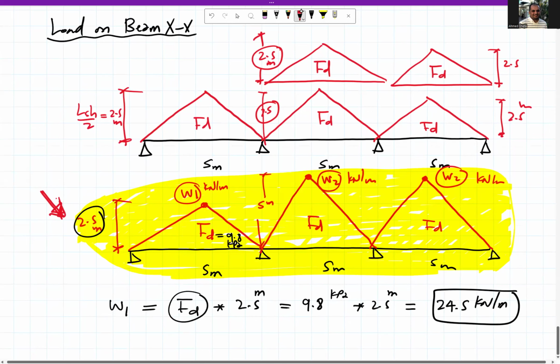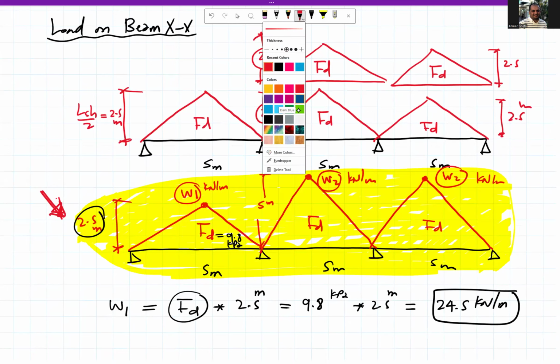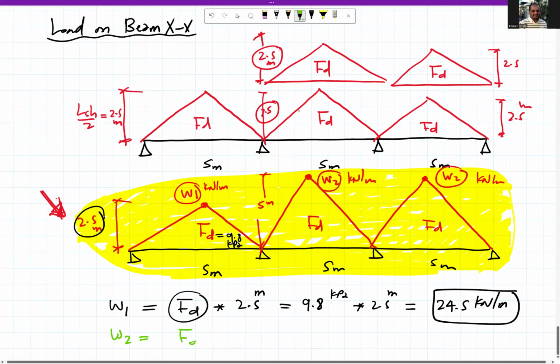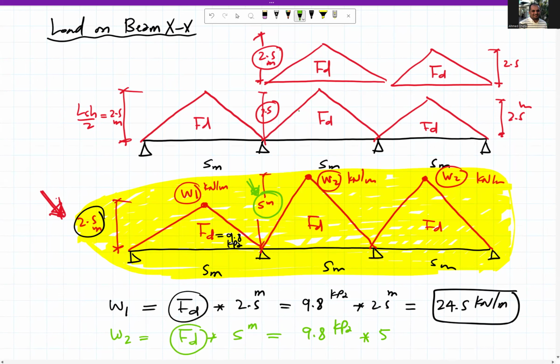For W2, we have also FD times 5 meter, the height of the second triangle here. So we have 9.8 kPa times 5 meter equal to 49 kilonewton per meter.